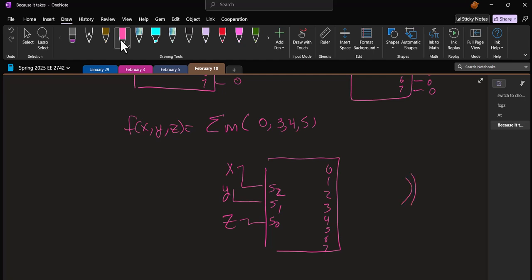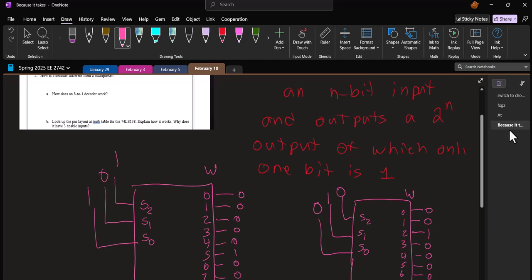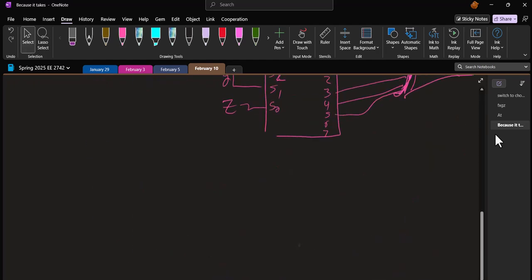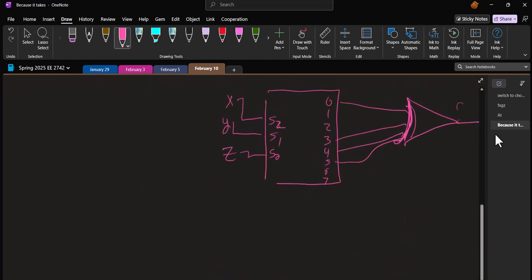And I could take the OR, not the exclusive OR, just the OR of 0, 3, 4, and 5. And that would be my function.